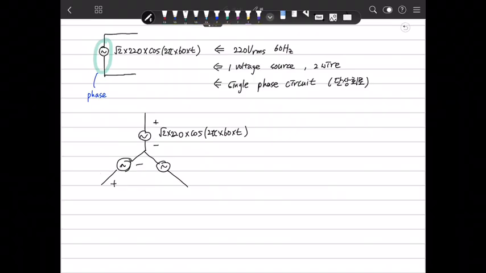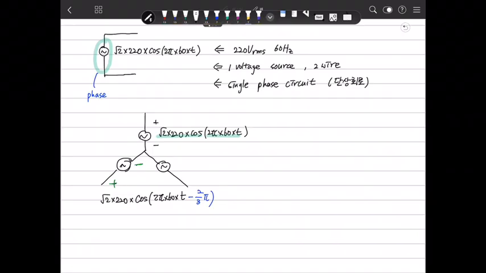The polarity of this is minus and this is plus, and this voltage has the same magnitude, cosine, same frequency. And we have adding, like that.